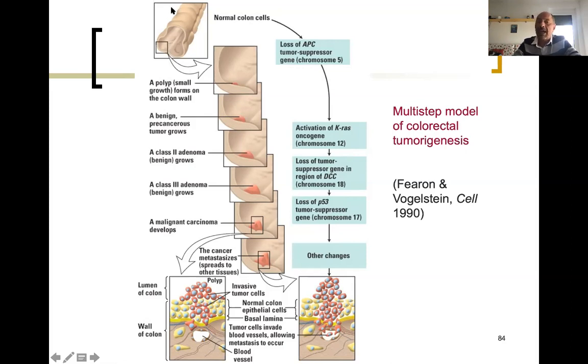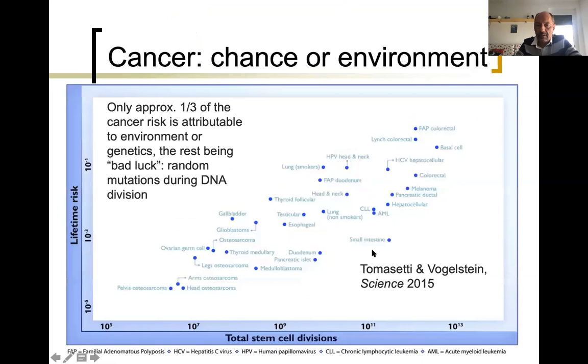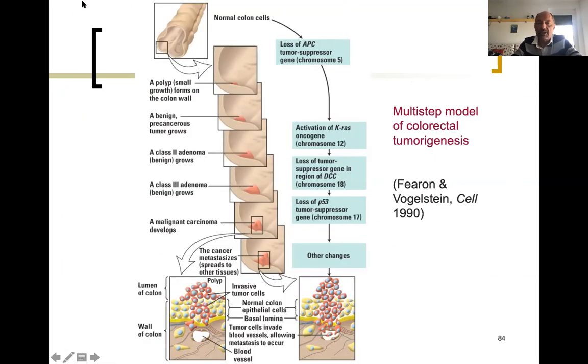So you see, you start with a normal colon, and then the first event that you see is a polyp. For this polyp, you have a first genetic event: the loss of APC, which is a tumor suppressor gene on chromosome 5.